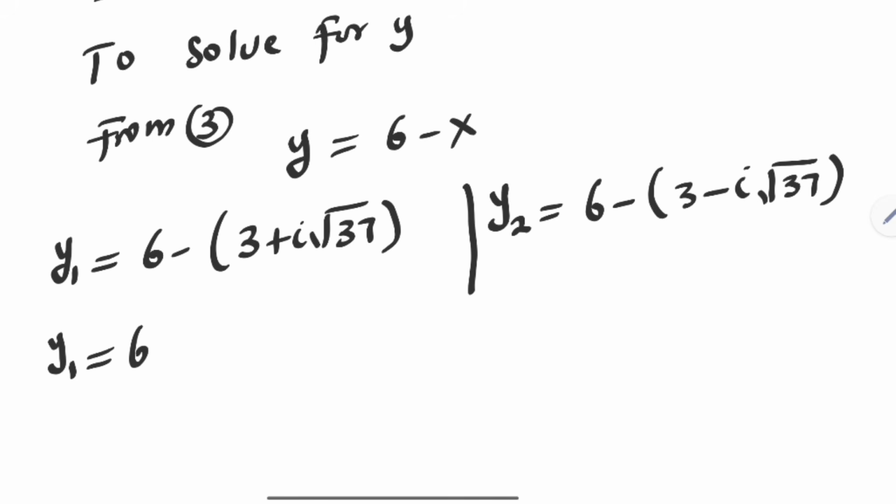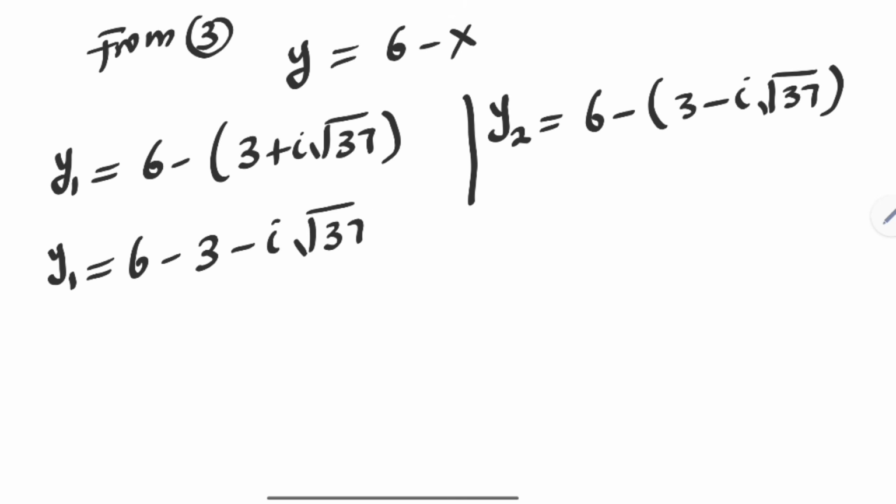y1 is equal to 6 minus 3 plus i root 37. If you open the bracket with this negative, y1 is equal to 6 minus 3. This is 3 minus i square root of 37.